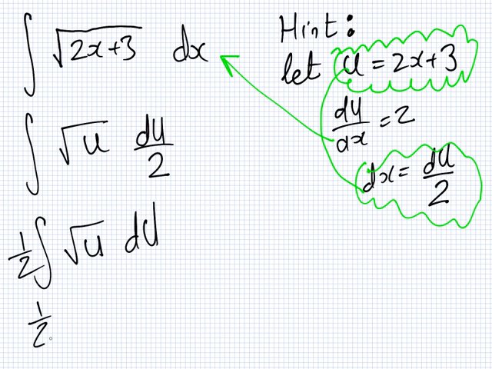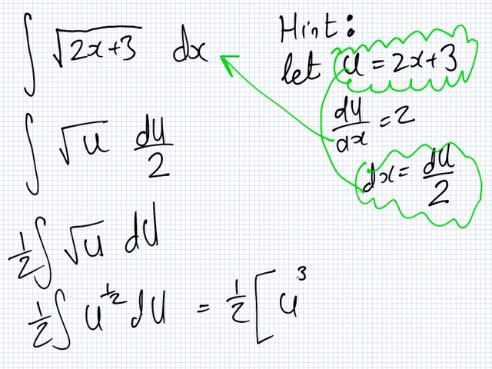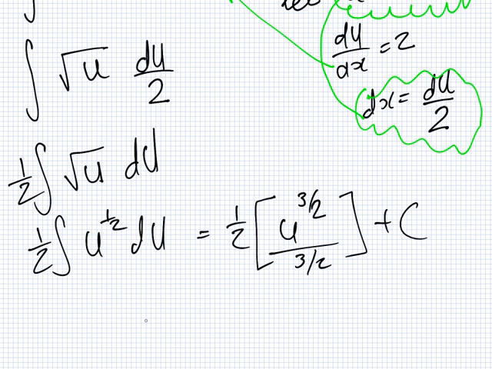That's a half u^(1/2) du, and then you increase the power by 1 and divide by the new power, plus c. So this 2 can come up here and cancel.